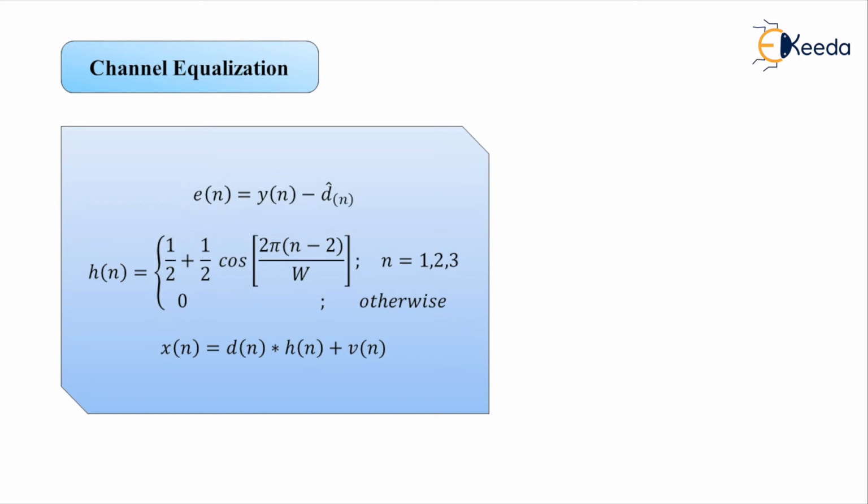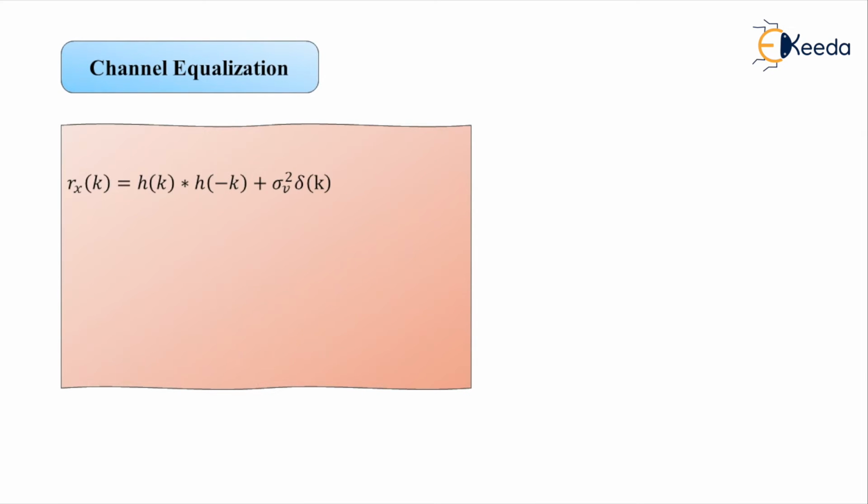Here d of n is a sequence of uncorrelated random variables, and v of n, the noise signal, is white noise having variance sigma suffix v square, and v of n is uncorrelated with d of n. The autocorrelation sequence of x of n we express as r suffix x of k is equal to h of k convolved with h of minus k. This convolution result is further added to the variance sigma suffix v square multiplied by del of k, that is the impulse.